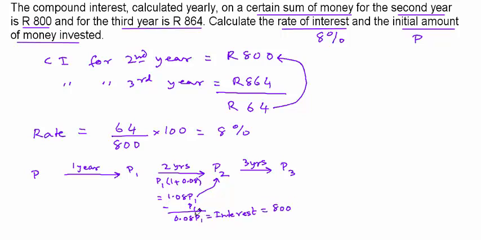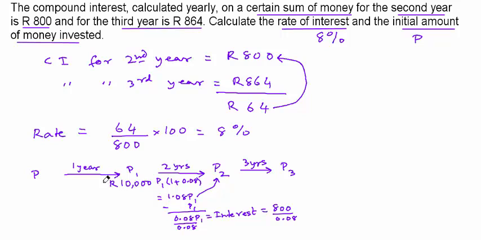That lets us find this P1, the amount after the first year. If you divide both sides by 0.08, you get P1. P1 is nothing but 10,000 Rand. If you apply an interest of 8% on 10,000, you get an interest of 800 Rand, right?